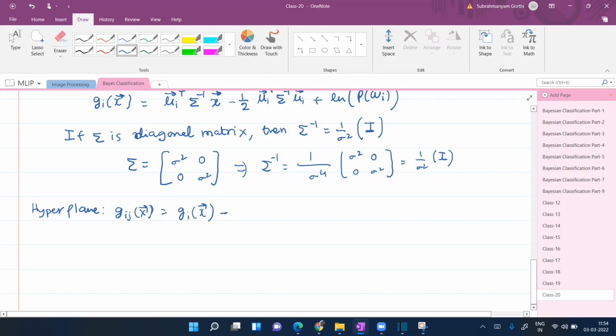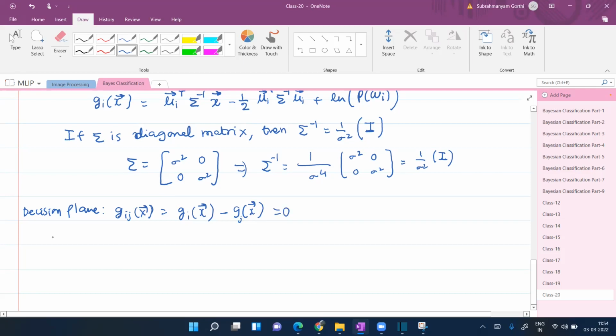I should rather write it as a decision plane rather than hyperplane. This is the decision plane I want to get: Gi of x bar minus Gj of x bar equal to 0.